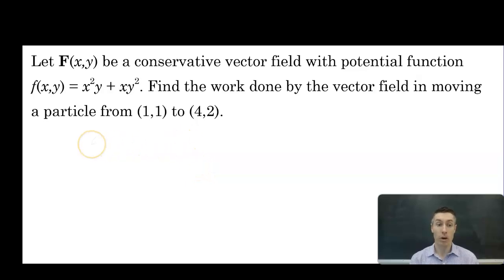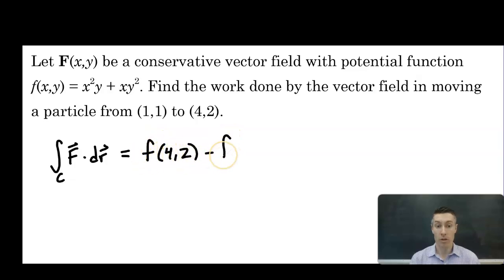Okay, so to compute work, we're evaluating the line integral along C of f dot dr. But because this is a conservative vector field, that means we can just evaluate the potential function at the endpoints. So f of 4, 2 minus f of 1, 1. And we can write a note to ourselves. This is by the fundamental theorem of line integrals.